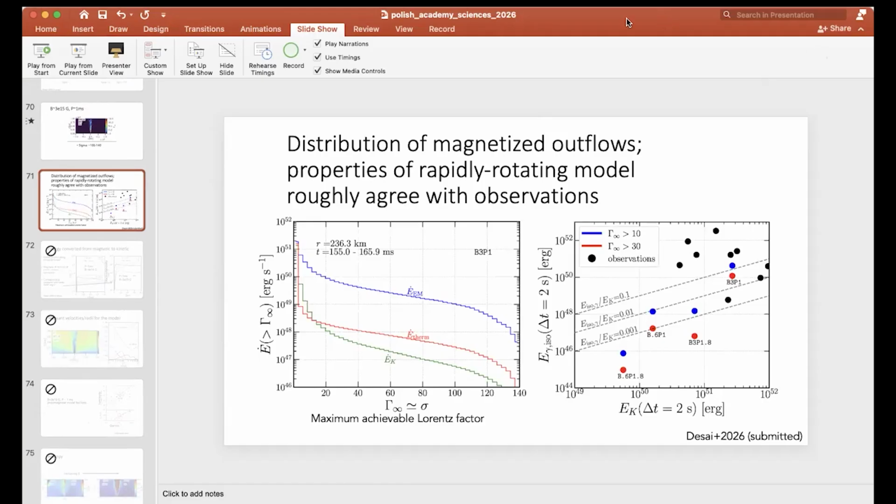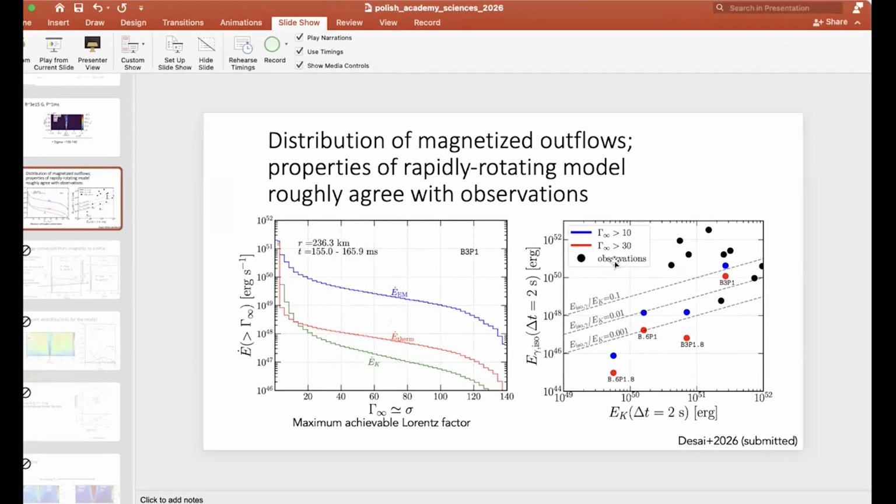Yeah, I think you have it right. At these distances, we don't expect to get to Lorentz factors of 100 just within our simulation domain of around 1,000 kilometers. But the potential energy is there.